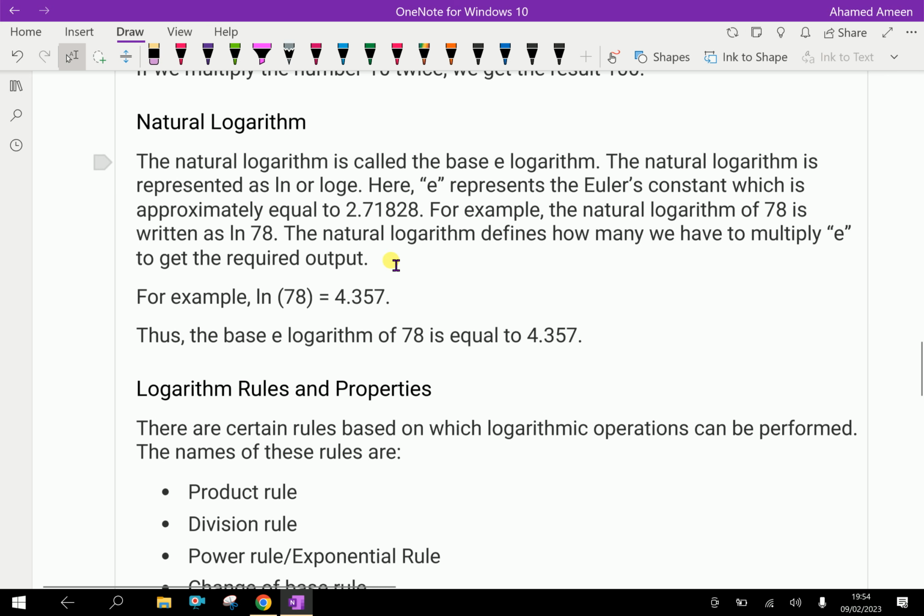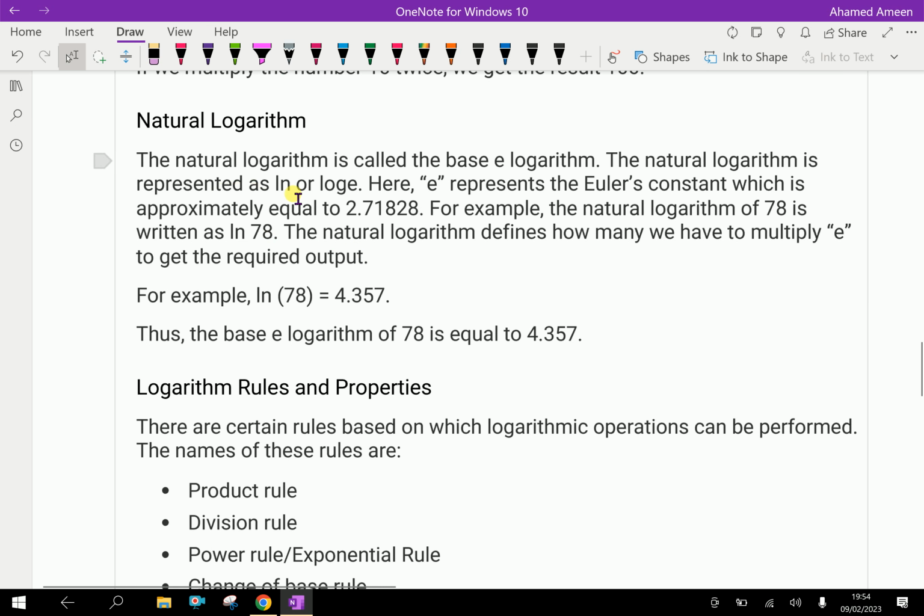The natural logarithm is called the base e logarithm. It is represented as ln. Here e represents Euler's constant, which is approximately equal to 2.71828.